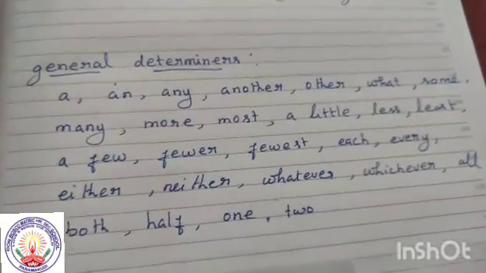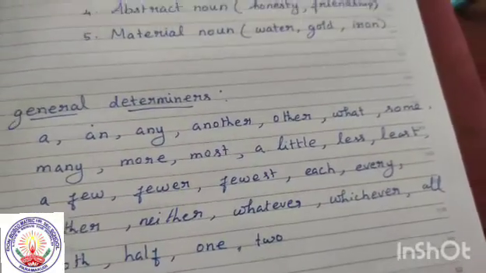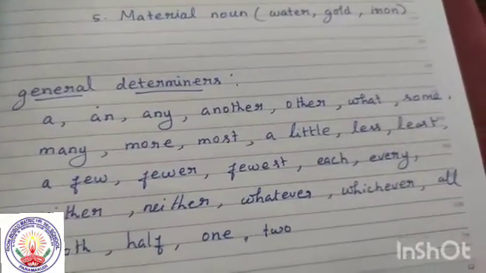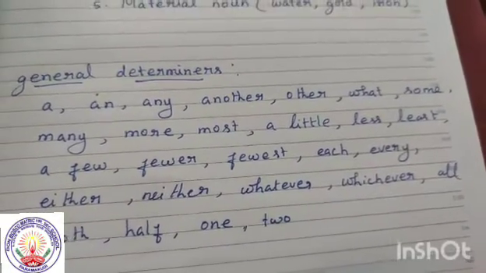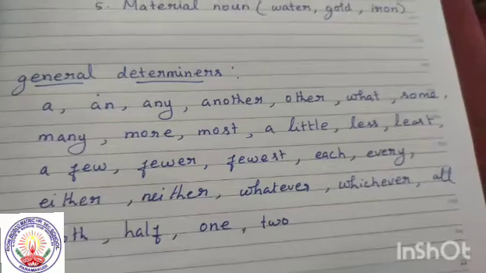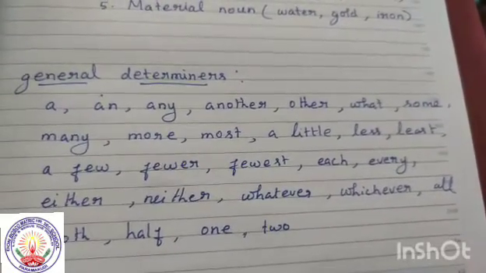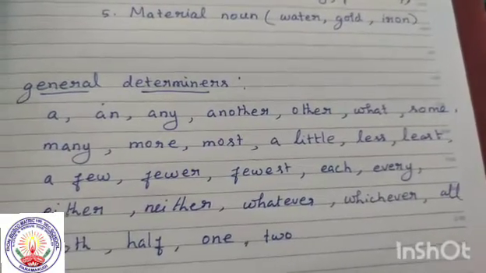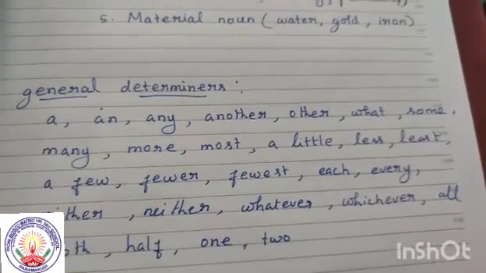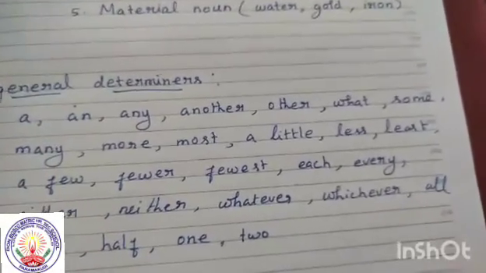What are they? A, an, any, another, other, what, some, many, more, most, a little, less, least, a few, fewer, fewest, each, every, either, neither, whatever, whichever, all, both, half, one, two, like that and so on.